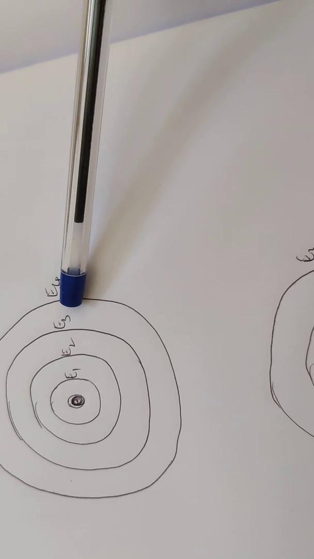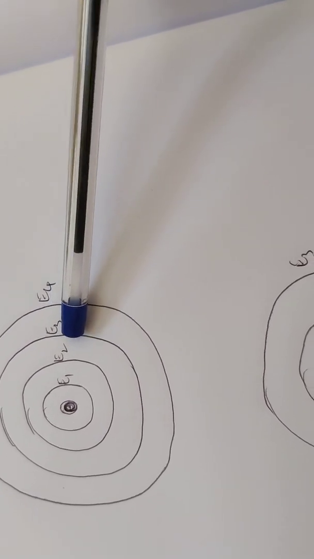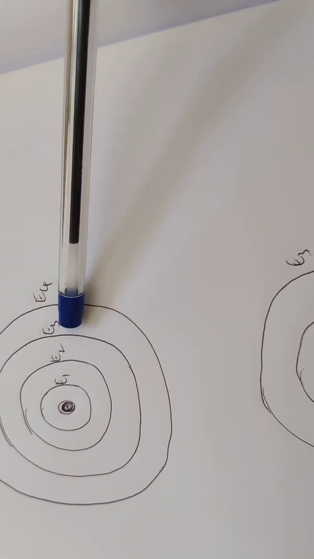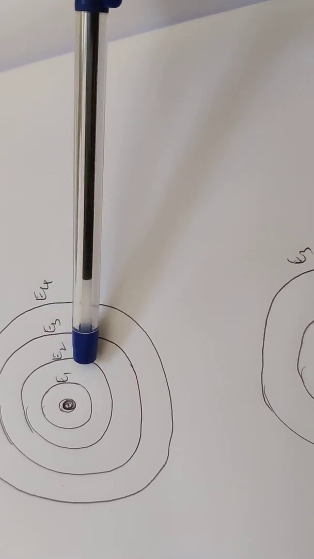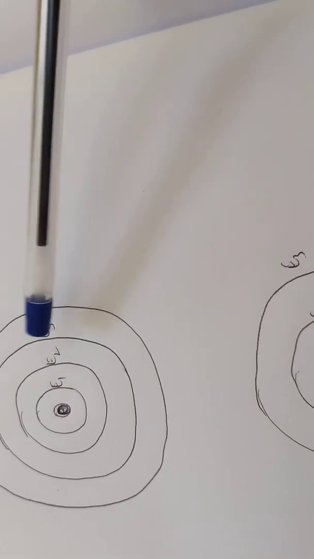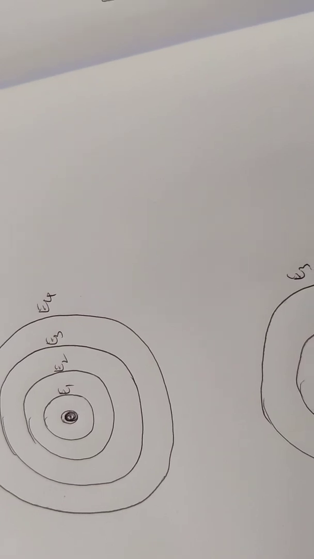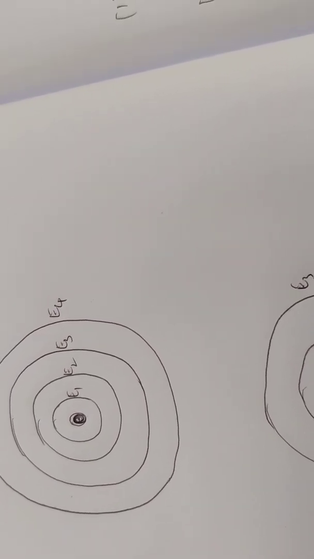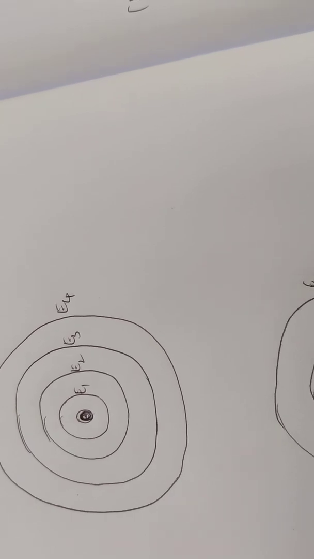And in another situation, when an electron jumps from a higher to a lower energy level, from the excited to the ground state, it emits energy in the form of light. If that light is in the visible region, then we can see it as an emission line.